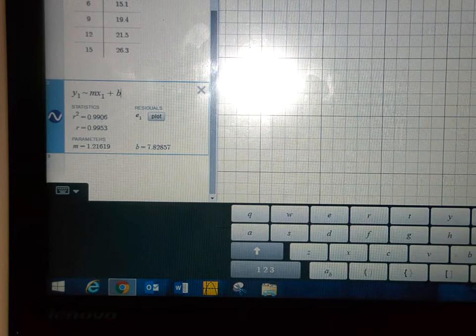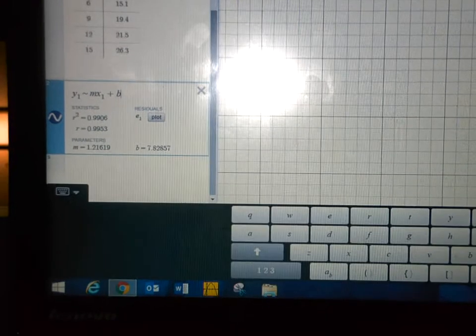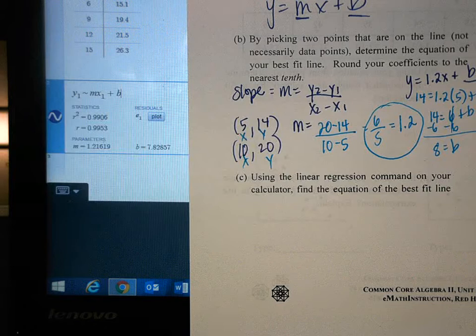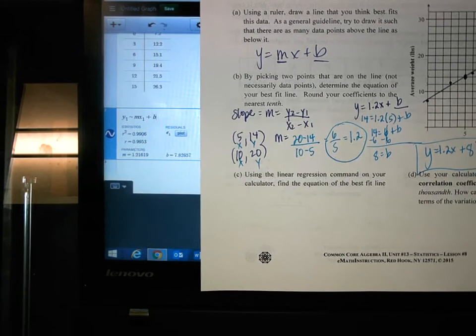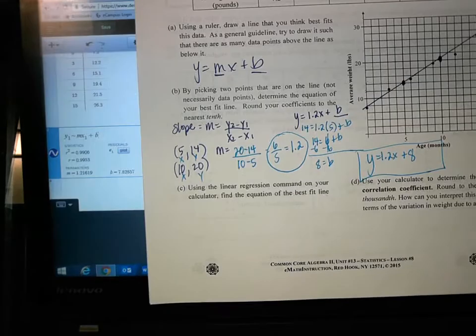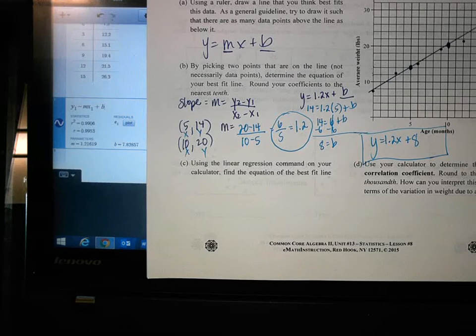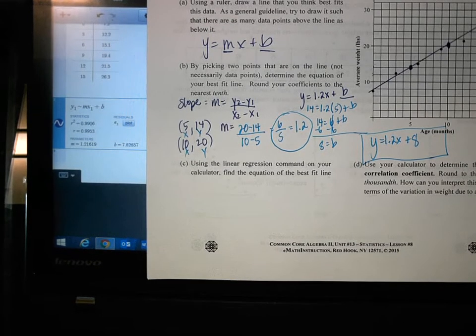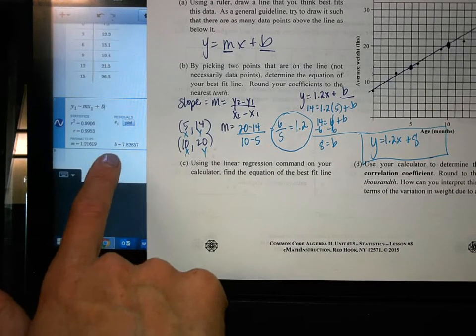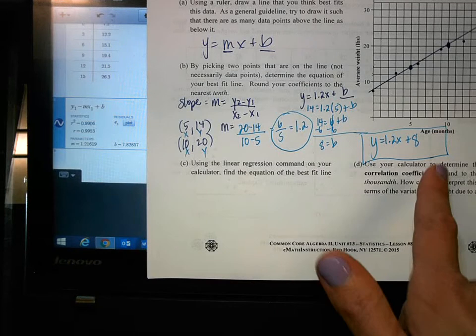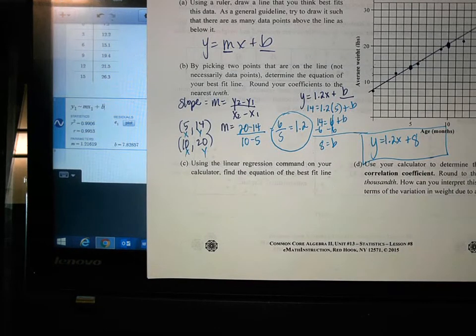If you go back to the data that we wrote down, we had said that M equals what? 1.2. What are they saying M is in the graphing calculator? 1.2. The B they're saying is 7.8, and we said it was 8. So are we pretty close with the one that we did? Yes. But was typing it into the calculator way easier than trying to do all that by hand?